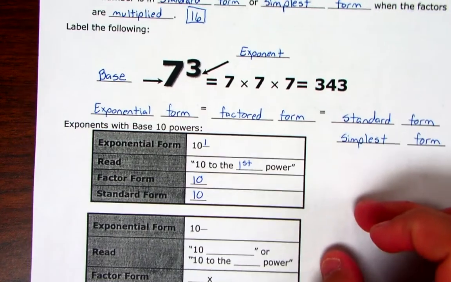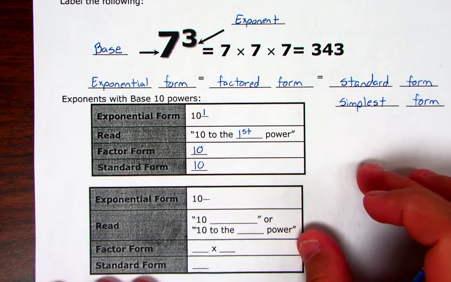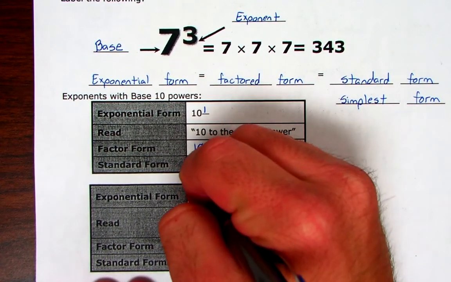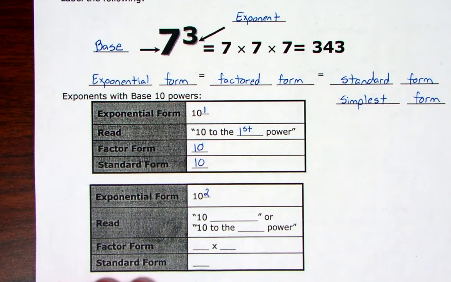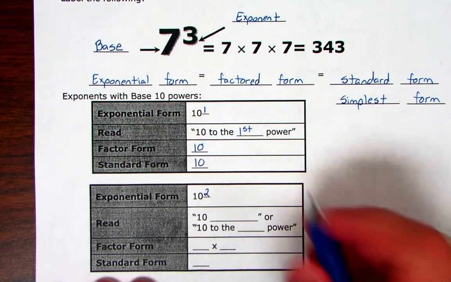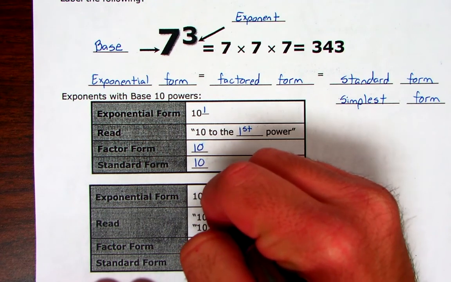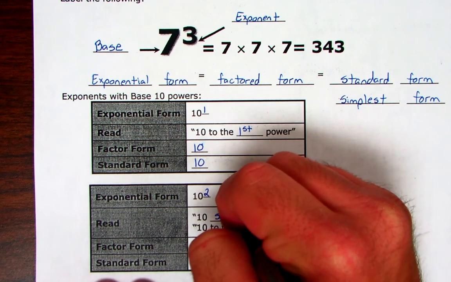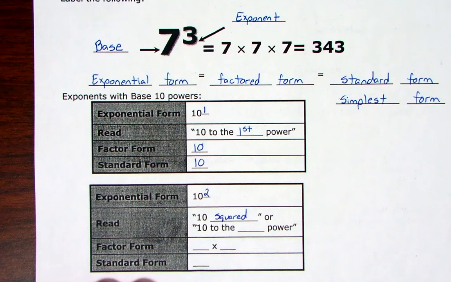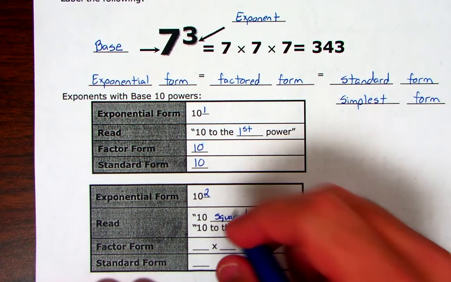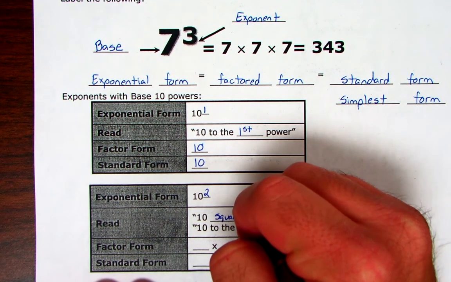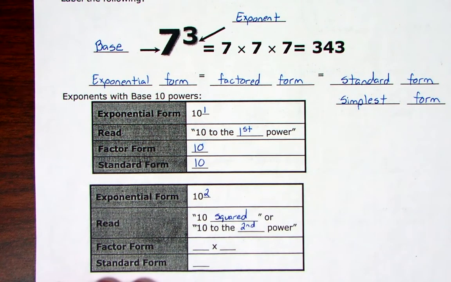Okay, let's look at the next one. Let's say we have 10 to the second power. So that is also known as 10 squared. Or, like I just said a minute ago, 10 to the second power.